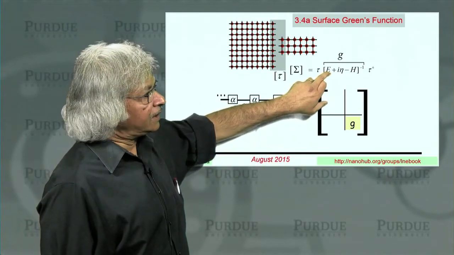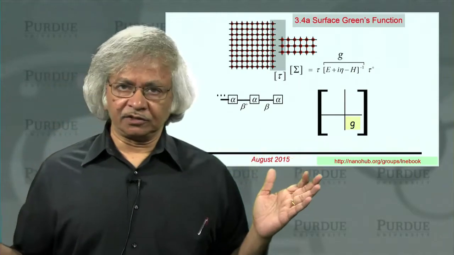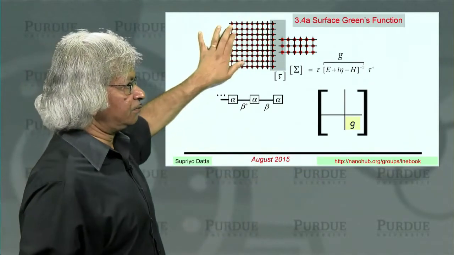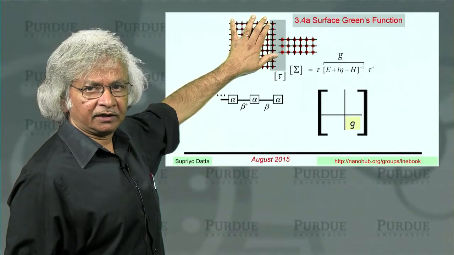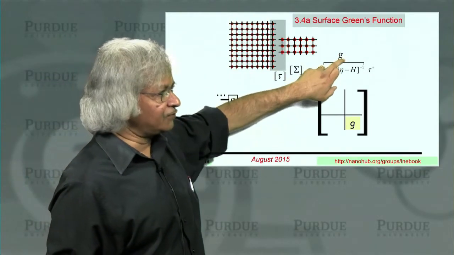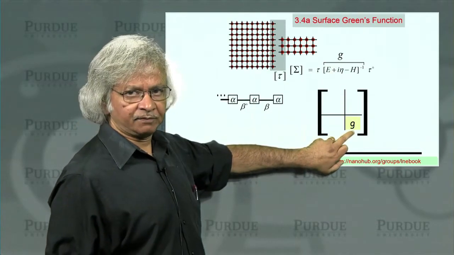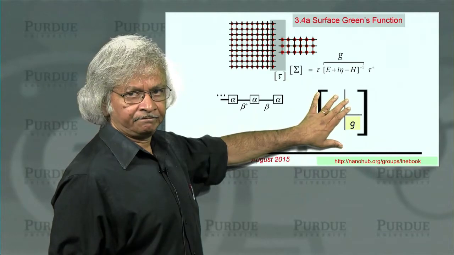Okay. But the thing is that when I invert this, you might think I'd get a 1,000 by 1,000 matrix if you had 1,000 basis functions for your contact. But what we're interested in is only the surface part of it. That is, you have this huge matrix, you just want the surface part, not the whole thing. Right?